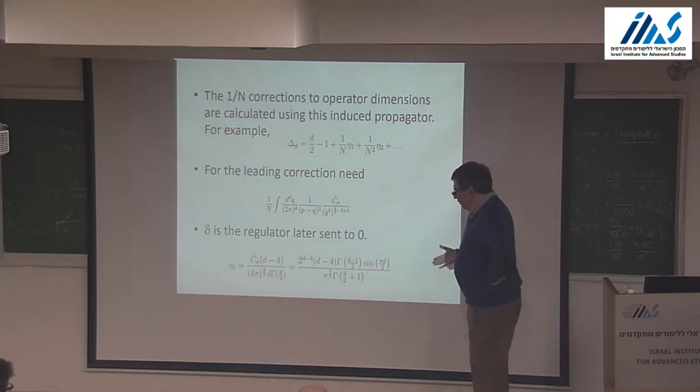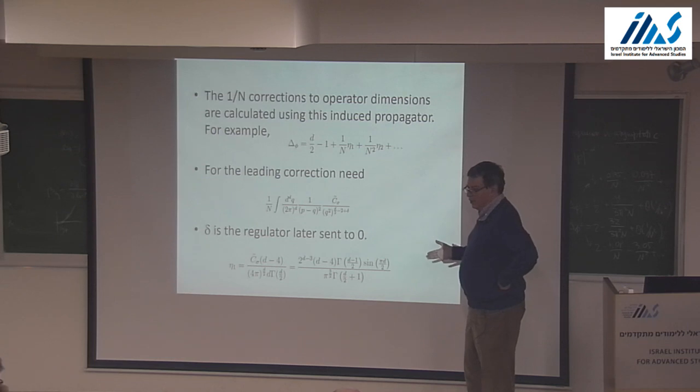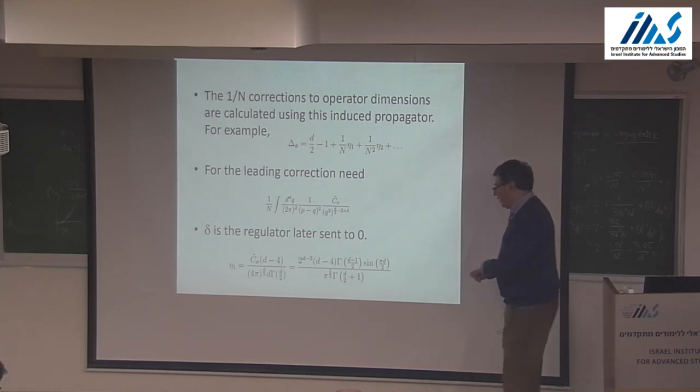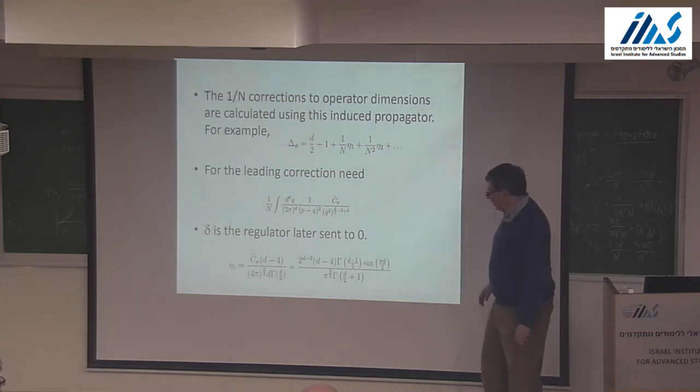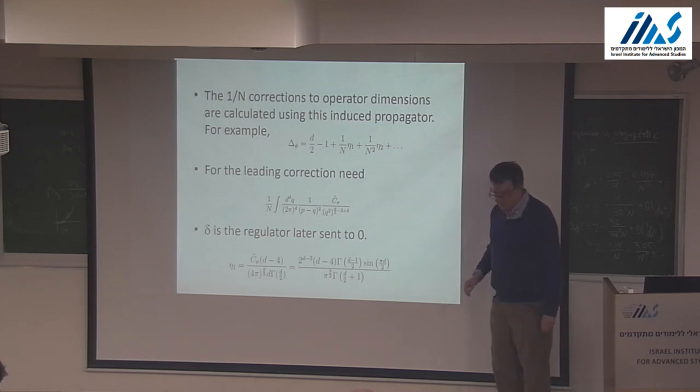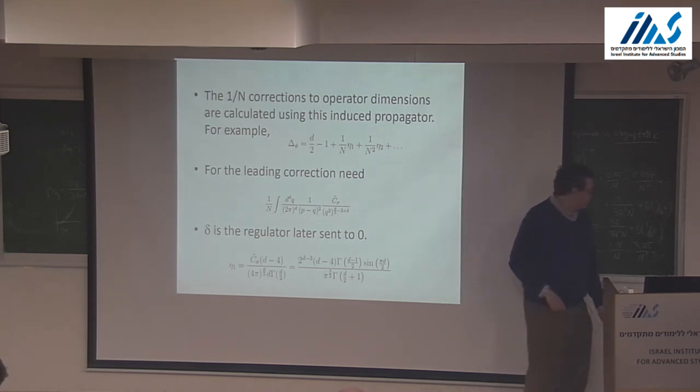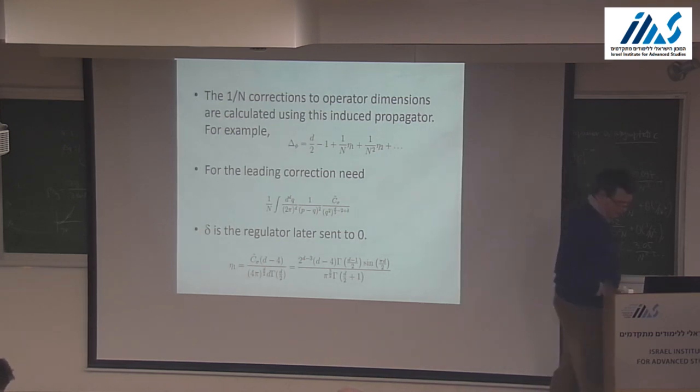And then you can basically do a double expansion where you both do 4 minus epsilon and 1 over n, and there are all sorts of cross checks between this procedure and the standard epsilon expansion. So this, for example, gets you this analytic result, and then you can specify this result to d equals 3 to get the answer that I was quoting before, which is 4 over 3 pi squared.